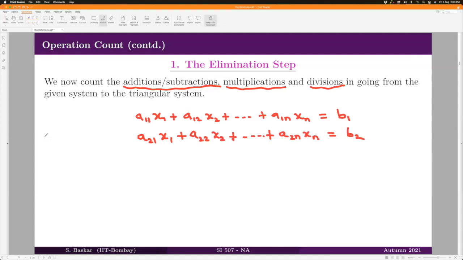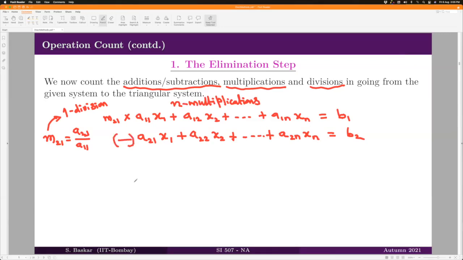First of all, we will find M21, and that is given by A21 divided by A11. Here you can see that one division is involved, right? Now we multiply M21 with the first equation, and therefore how many multiplications are there? Well, there are n multiplications, and then we subtract the resulting equation from the second equation, right?